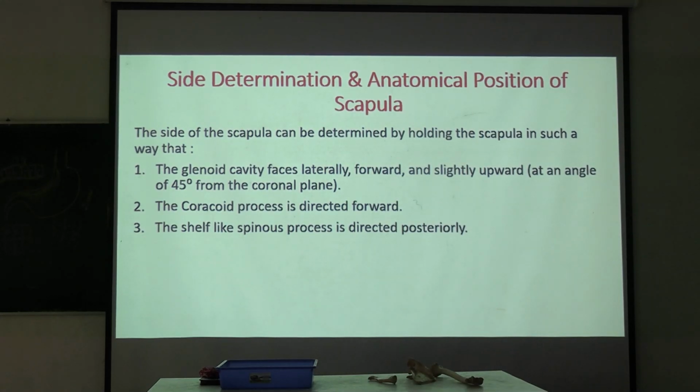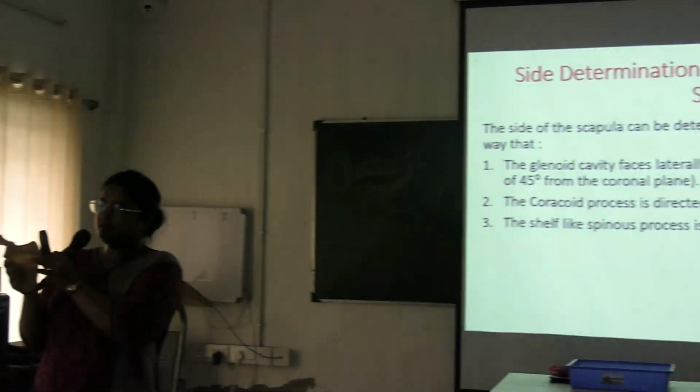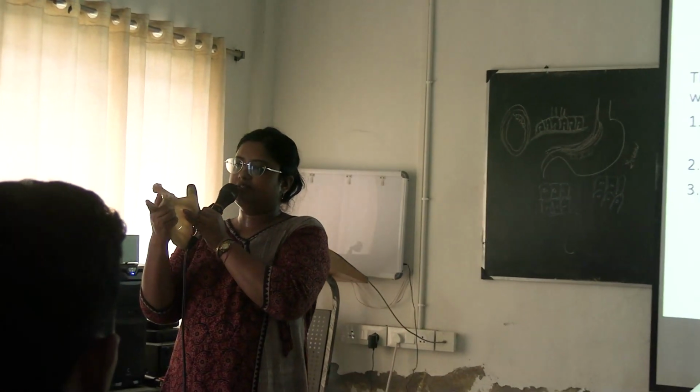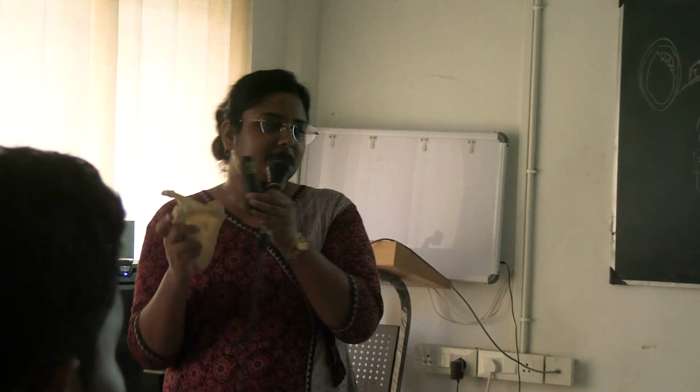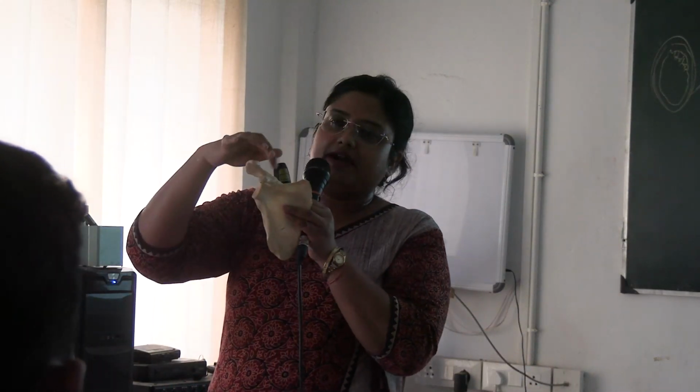And the coracoid process is directed forward. See, in anatomical position, this coracoid process is directed straight forward, and the spinous process is directed posteriorly. The concave costal surface is anteriorly placed, and the spine is posterior.